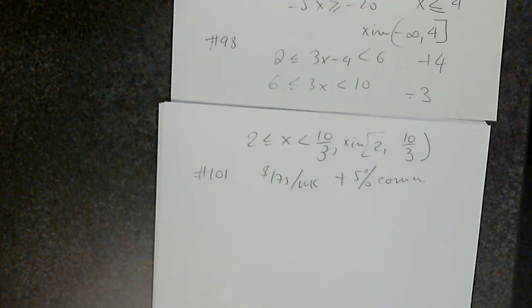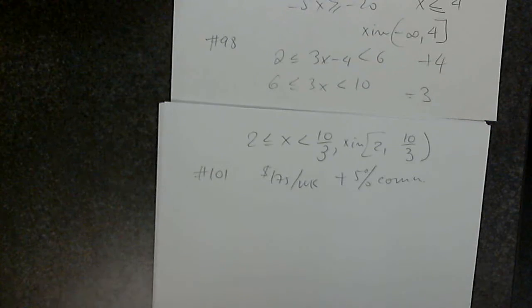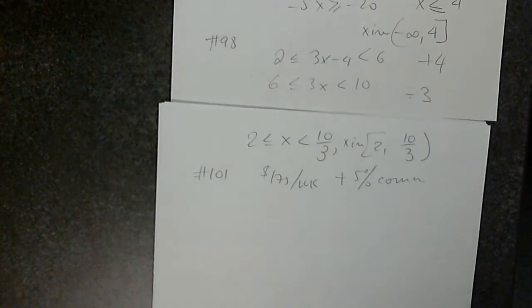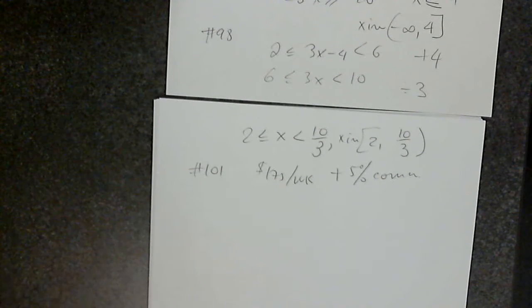So how much should she sell to earn at least $300 a week? Commission on the base or commission on the sales? On the sales. So she gets 175, but she wants more. She gets also 5% of the sales. So how much should she sell? How much are the sales? Sell, yes. Thank you.